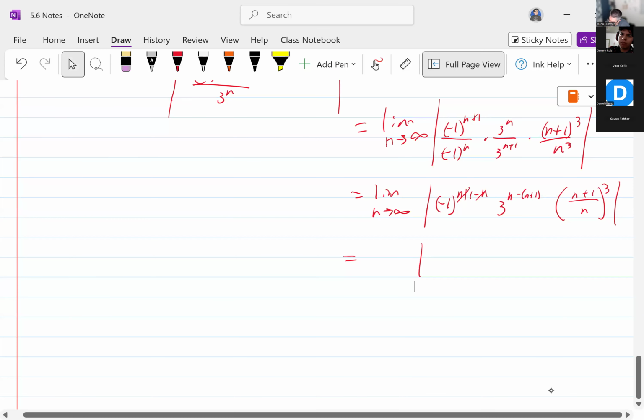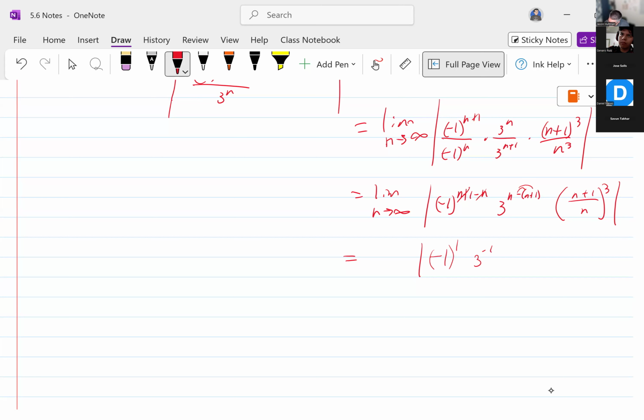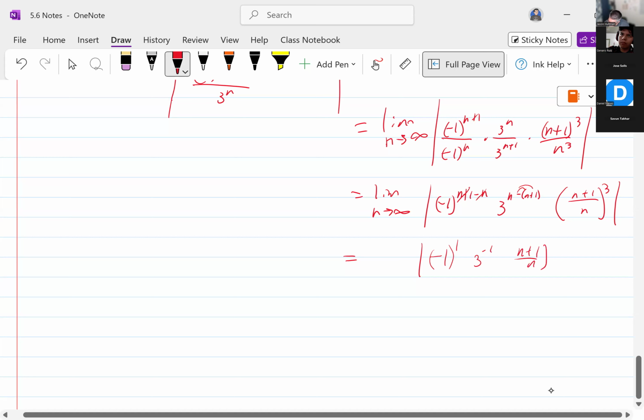Okay, so this becomes negative 1 to the first power. This is going to become, distribute the negative sign, 3 to the negative 1. And then this is going to become n plus 1 over n cubed.